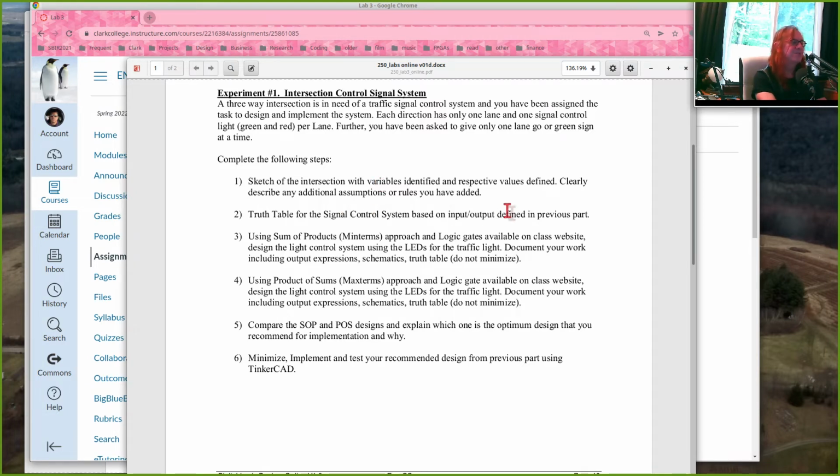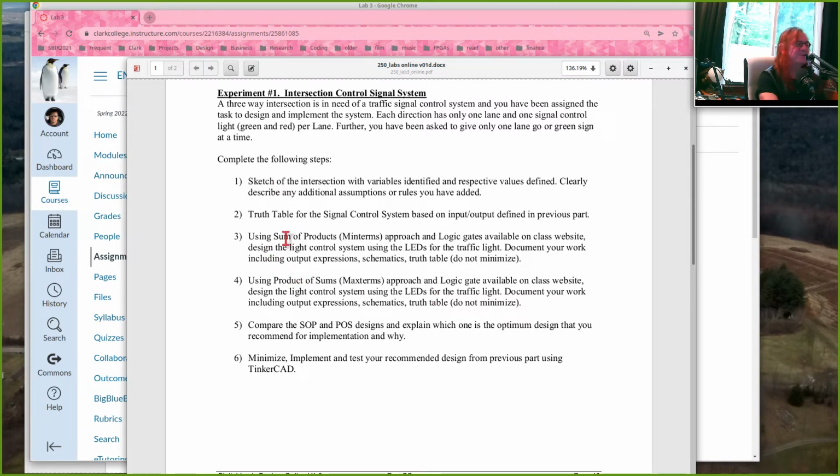Truth table, and then using sum of products and logic gates available on Tinkercad, come up with a design for a circuit to implement the control system. All right, so I spell out a lot more information about these details in Canvas, so we'll mostly concentrate on that.